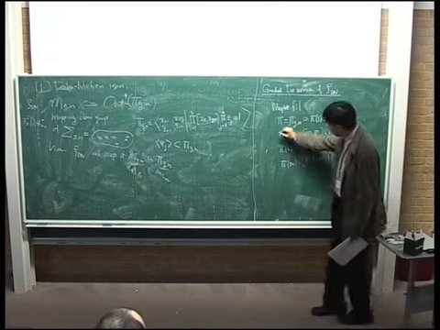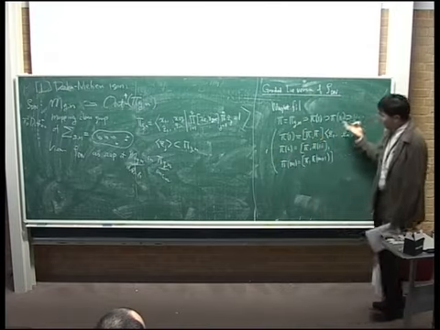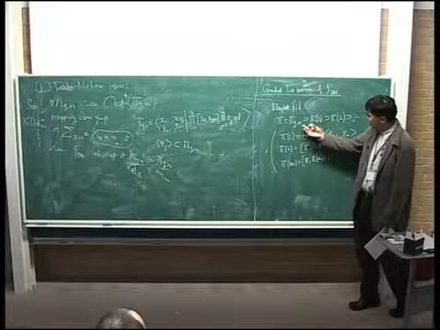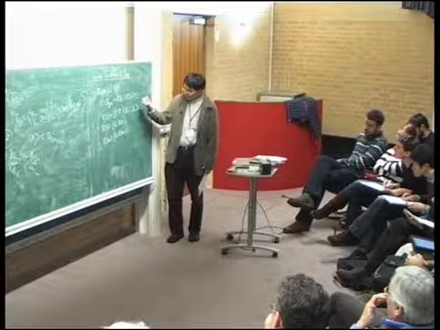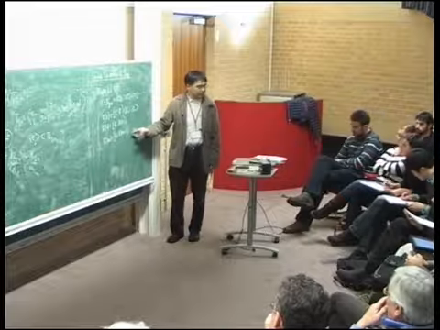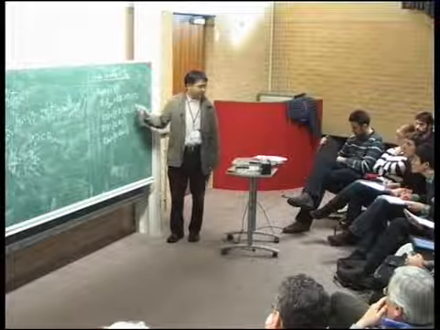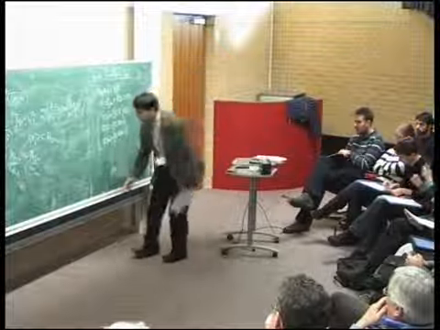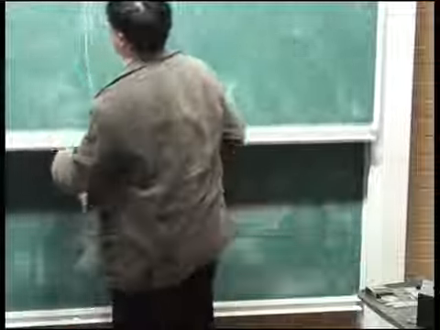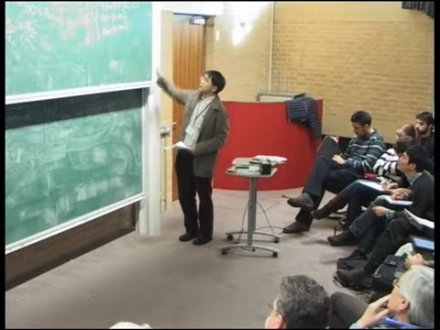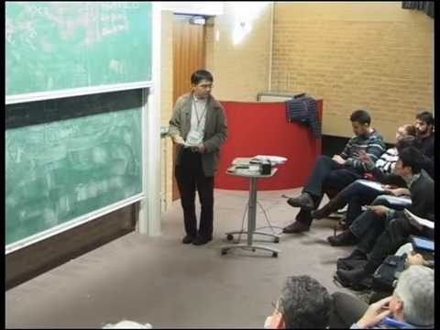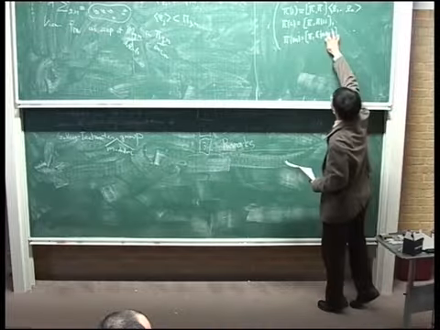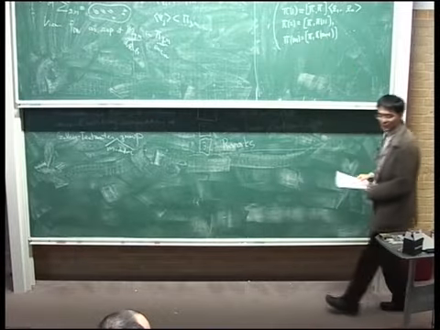This is usually faster decreasing than the lower central filtration because of the existence of these things. So only when n equals 0 and 1 does this weight filtration coincide with the lower central filtration. Yes, n minus 1, yes. Thank you.